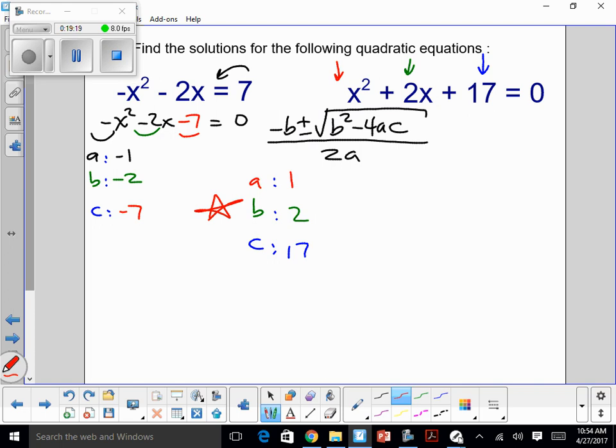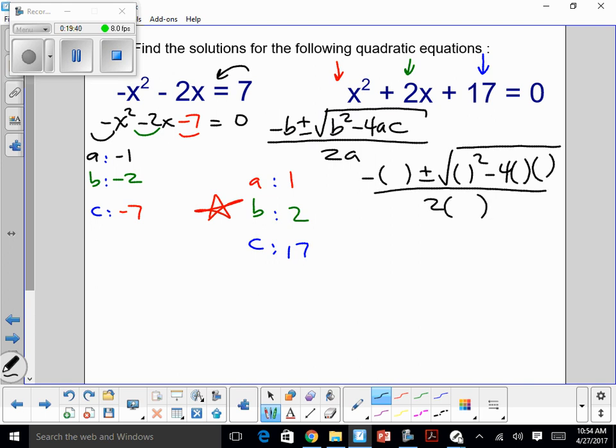I'm going to put it in for the people at home, and then we're moving on. Negative b, plus or minus the radical of b squared minus 4ac, all over 2a. What am I putting in here? The b is green, 2. The a is red, 1. The c is 17.